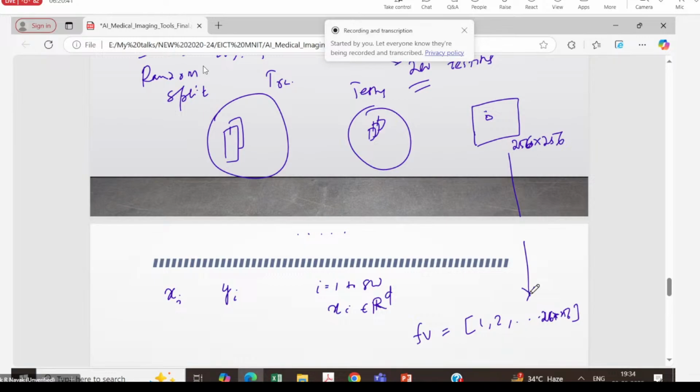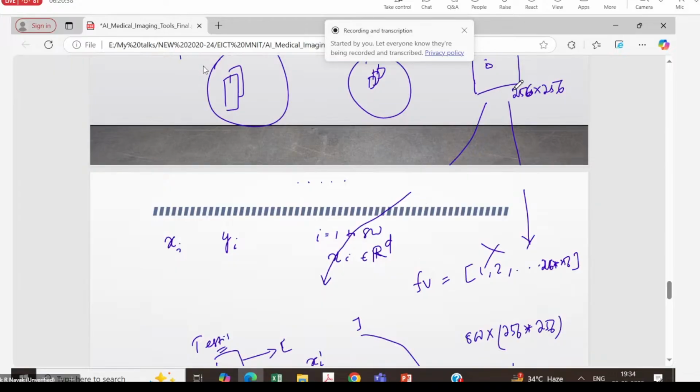Along with this, the dimensionality of the feature vector is going to be very, very high. So we don't want this procedure. Then what do we want? We want a feature vector which is a representative of this particular image. We don't want a very big dimensional feature vector.